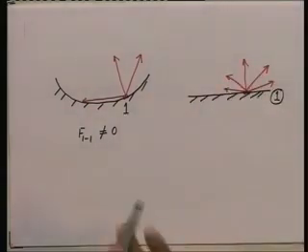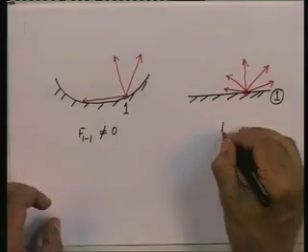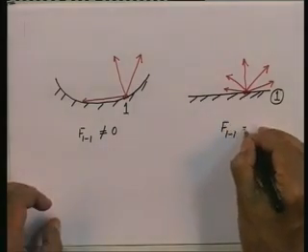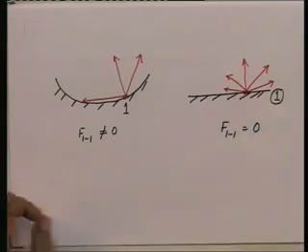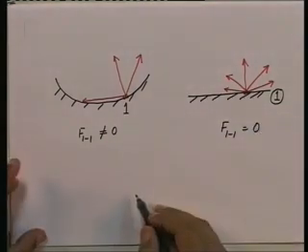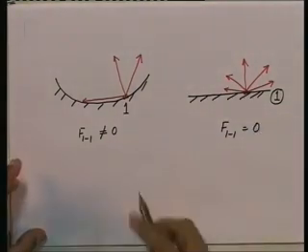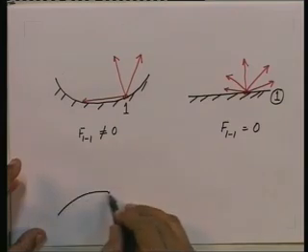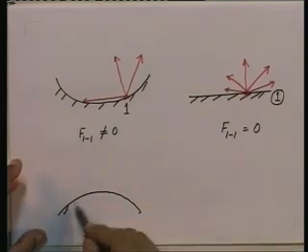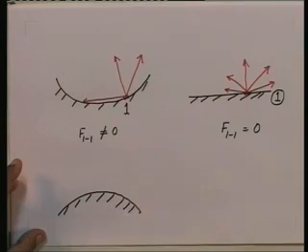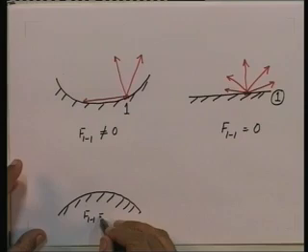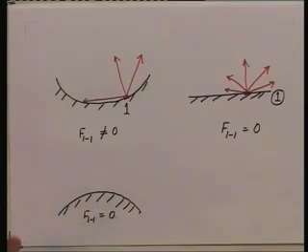So, this is a case where f1 to 1 will be equal to 0. Or let us take the case when surface 1 is convex like this. Then also f1 to 1 quite obviously is equal to 0.